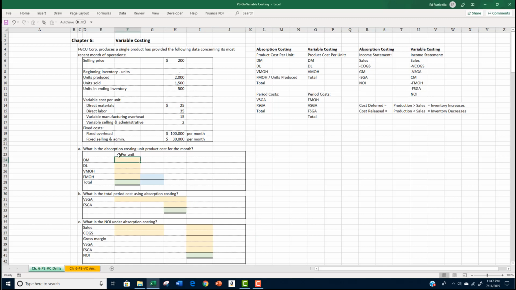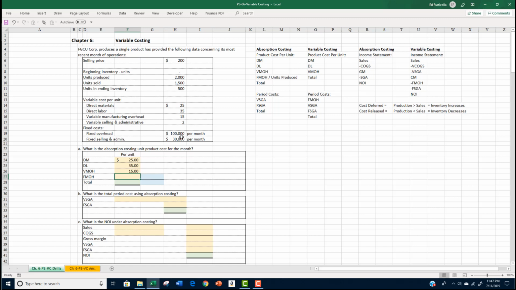The direct materials are given, $25. The direct labor given, $35. The variable manufacturing overhead given, $15. When it comes to manufacturing overhead, we see that the total manufacturing overhead for the period was $100,000.